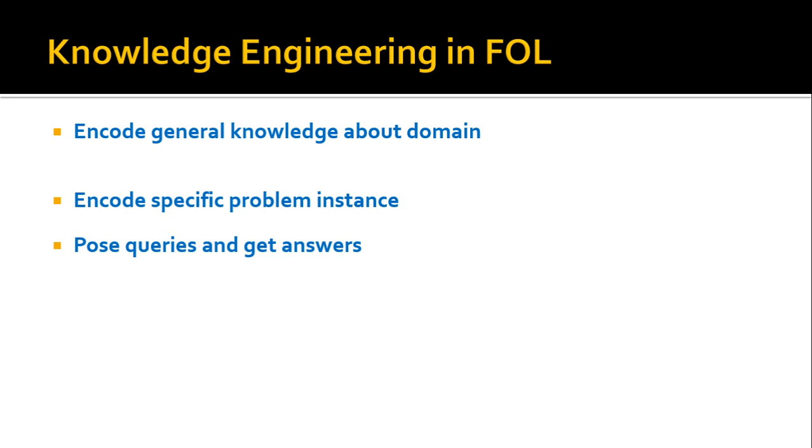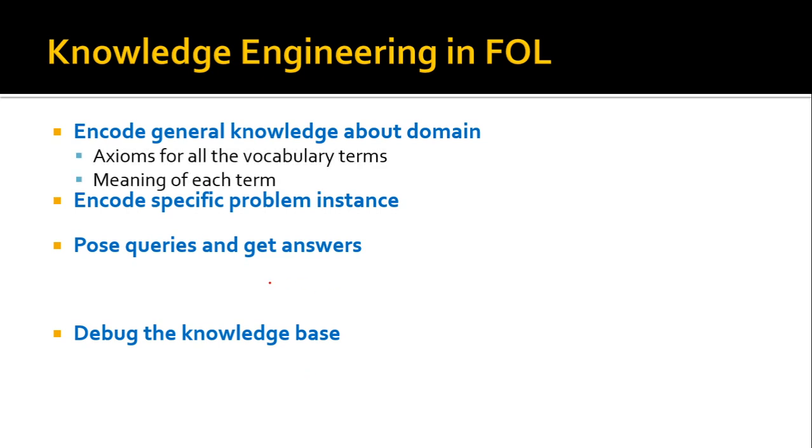Now you have to encode a very specific instance of the problem, right? And finally, you have to pose queries to get the answer. If you have certain issues, you need to debug the knowledge base, right? So to encode the general knowledge about the domain, you have to define all the axioms that concern the different vocabulary terms.